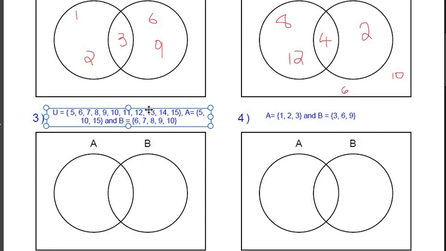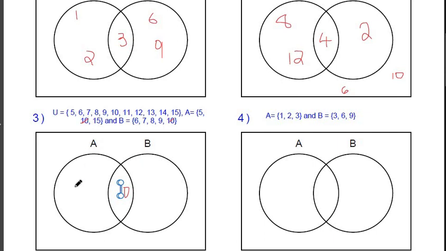So we have basically two sets we're looking at. Let's find the intersection. What element do both sets A and B have in common? Do we have anything in common here? Yes, we do. It's 10. The only number that both A and B have in common is 10.